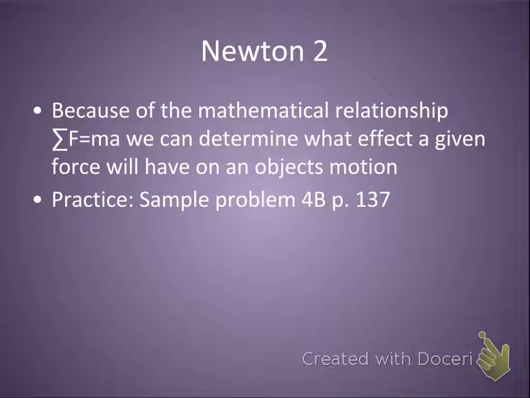Because of this relationship, we can now look at an object that is not at equilibrium, that actually is experiencing acceleration in one direction or another, and determine either what force caused that acceleration, or what the mass of the object is, or if we know the force and the mass, we can determine how much acceleration the object will experience. We'll look at sample problem 4b on page 137 together.